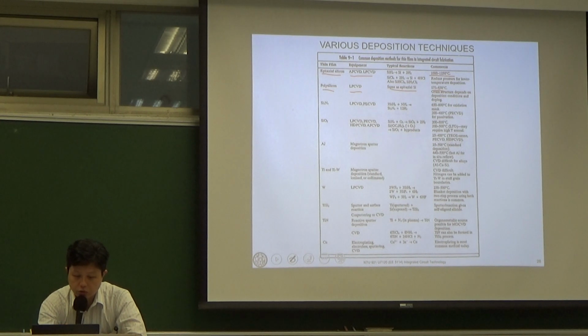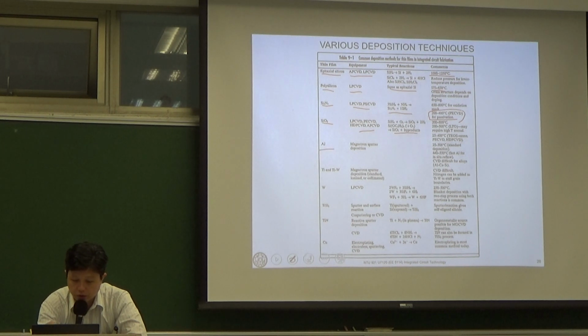And for some dielectrics, silicon nitride or silicon oxide, we can also use different CVD techniques, with these reactions. And PECVD can have a temperature of less than 400 degrees.